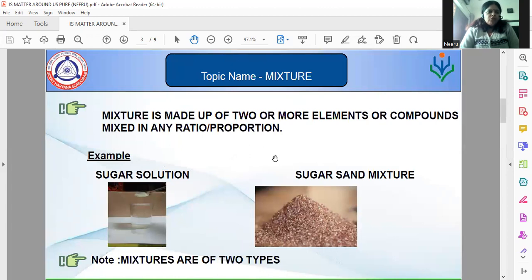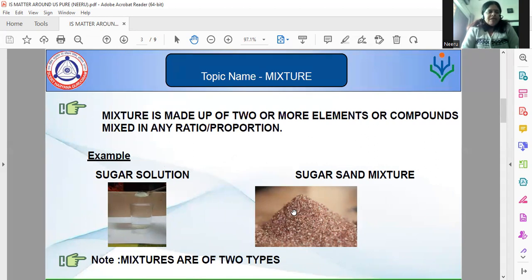They are mixtures of certain things. Here I've given two examples of mixtures. A sugar solution contains water and sugar. And even sugar itself is a mixture. The other mixture is sugar and sand. So this mixture has many components.